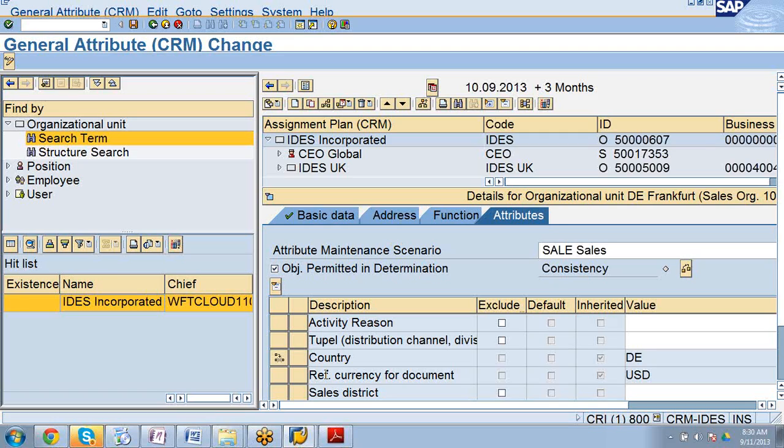Right? Done? And take this point, objects permitted in determination. It's the most important point.